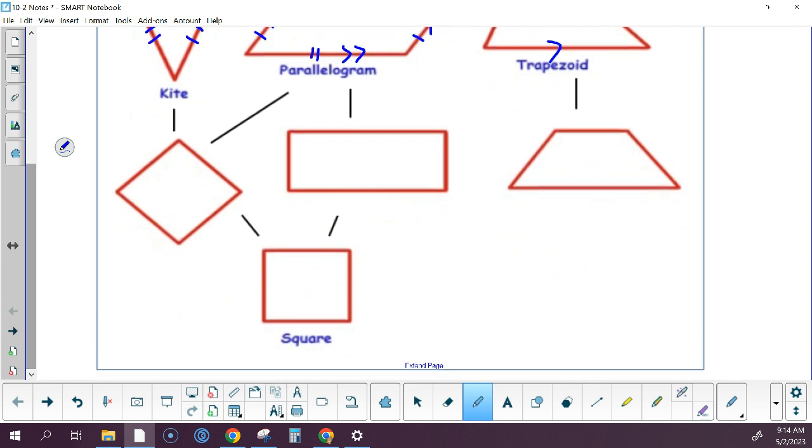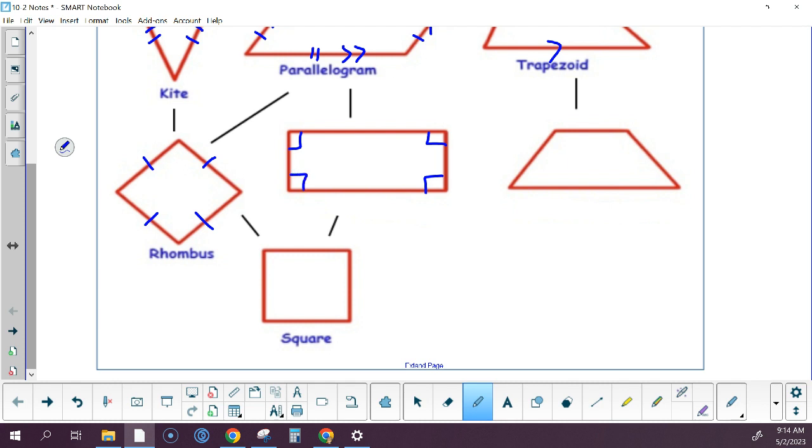The next level down gets a little bit more of what they call regular polygons. Here this would mean that all four sides are the same length, not necessarily the angles. And what that is called is a rhombus. So four sides the same length. And then in the middle here, this is four right angles.